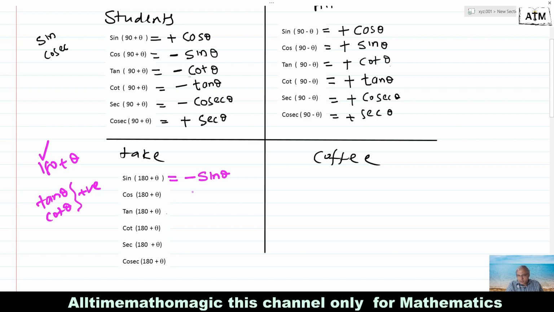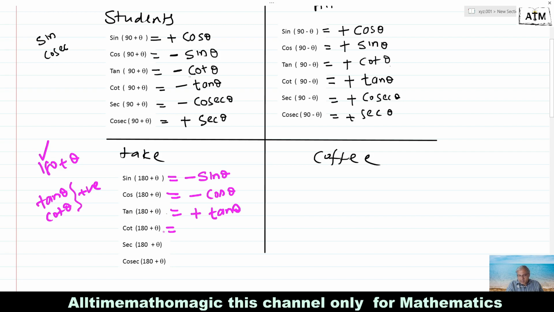Therefore, same to same, minus sin theta. And cos 180 plus theta, in the third quadrant cos is negative and the same function will appear. Therefore, minus cos theta. Tan 180 plus theta, tan is positive in the third quadrant, so tan 180 plus theta equals tan theta.